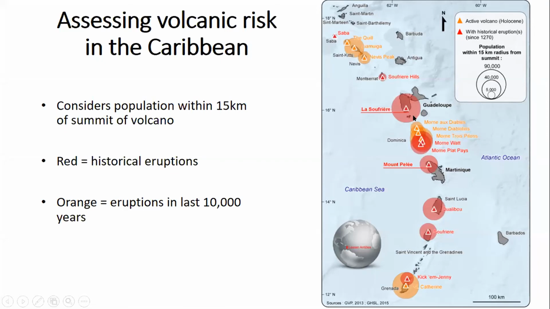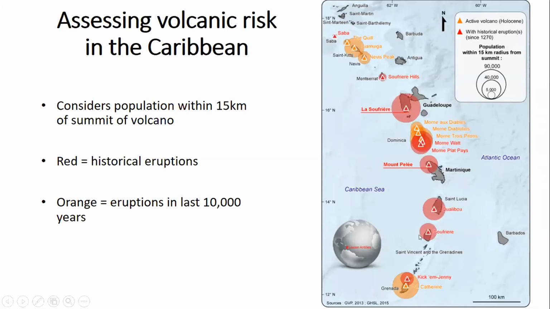So they're within the hazardous zone areas that might be impacted by pyroclastic flows or by ash fall, for example. You can see that although it didn't form a major eruption in the 70s, the largest population in terms of proximity to the volcano is actually on the island of Guadeloupe.